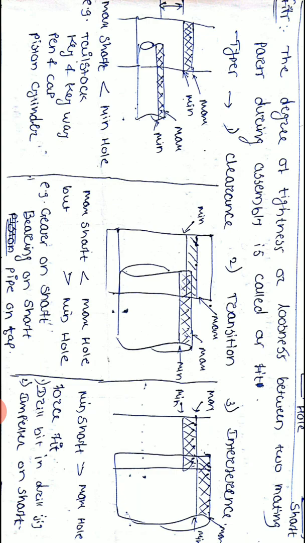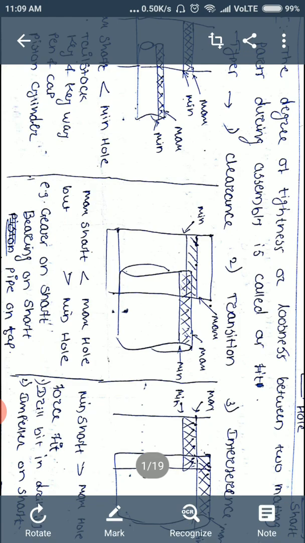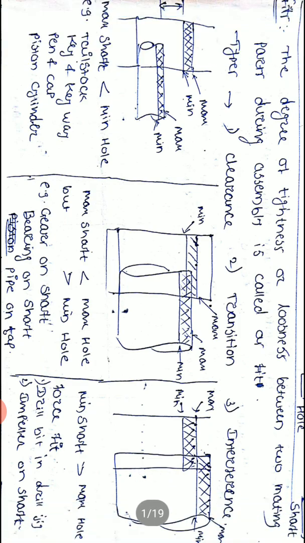If we see the second diagram, here the maximum limit of the shaft is less than the maximum limit of the hole, but greater than the minimum limit of the hole. Such types of fit are generally used for mounting gears on shaft, mounting bearing on shaft, pipe on tap. These are some examples of transition fit.